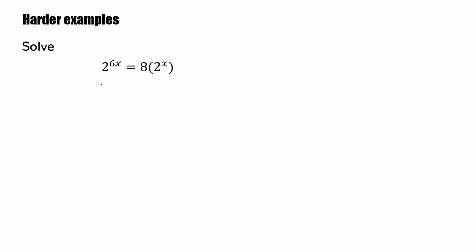So, with that said, another skill you need to be aware of is index laws, because it would be tempting to look at this question and just go, oh, I could divide both sides by 2 to the power of x, because we realise by index laws 2 to the power of 6x divided by 2 to the power of x could then be simplified. And you would be right, but we have been making a good point now that instead of dividing by something to cancel that thing out, it's better to factorise.